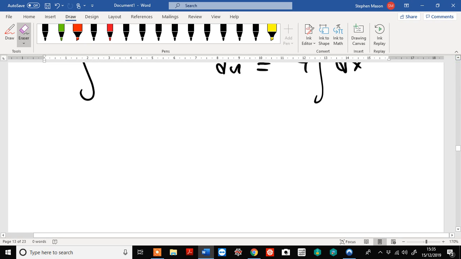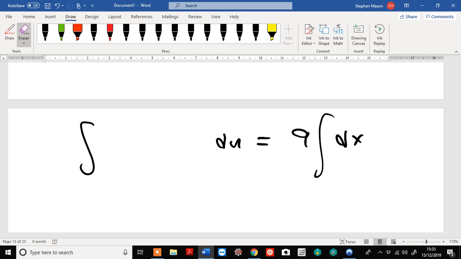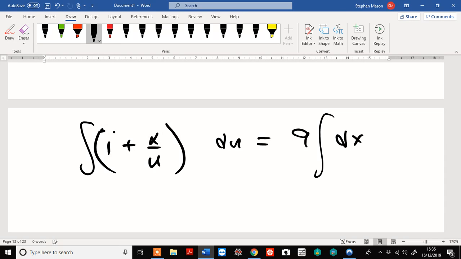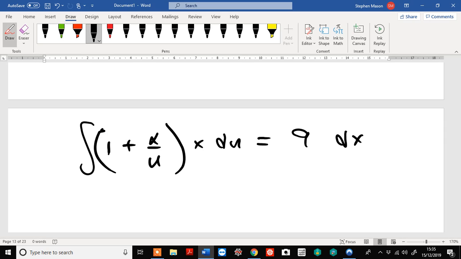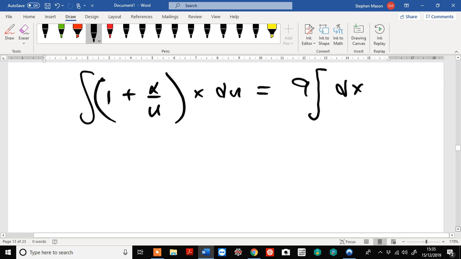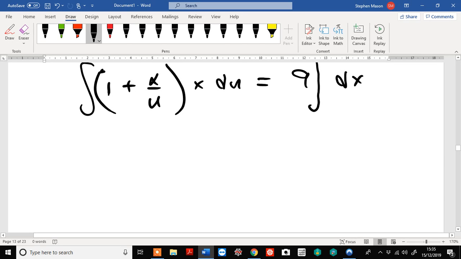We'll just go back up here. So what we've got here is 1 plus alpha over u times du. Right, okay, let's just put the integral sign in there, so we can integrate with respect to u on this side and with respect to x on this side.